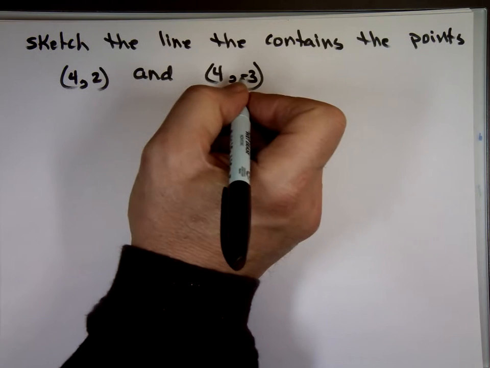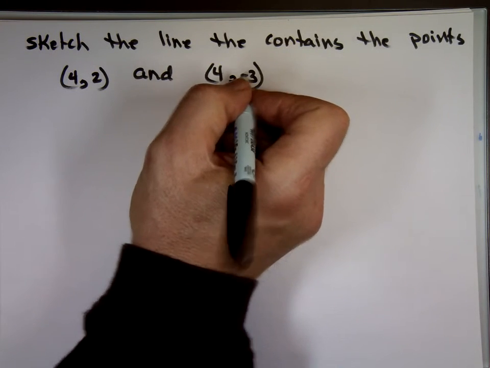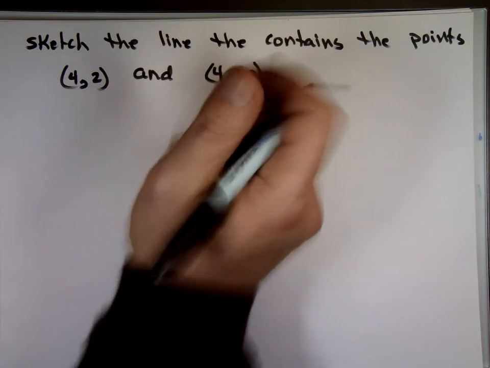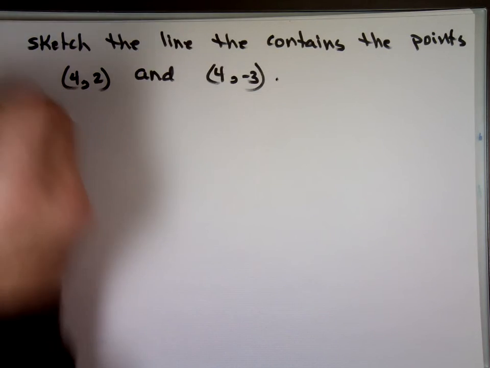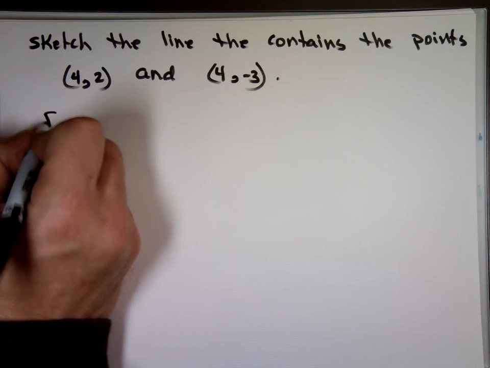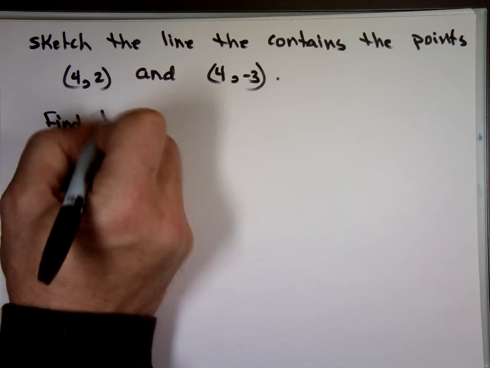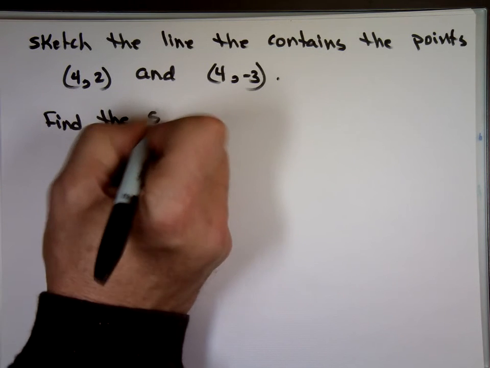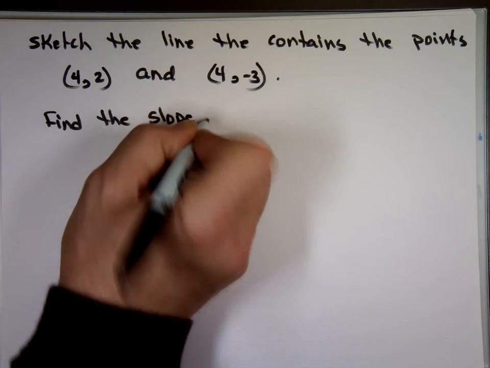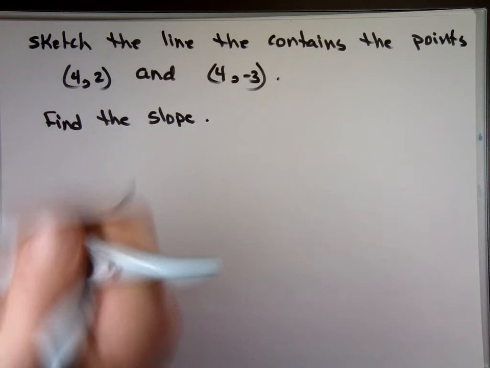My mistake. Yeah, that's fine. Find M. Find the slope. That's the second part. I had a different number in mind, but it works out fine here.